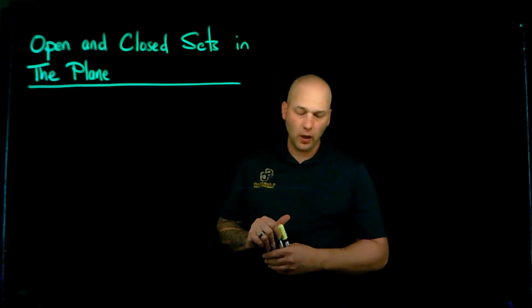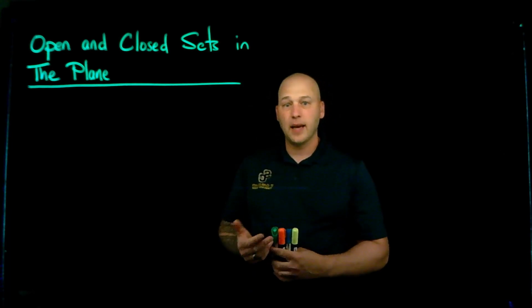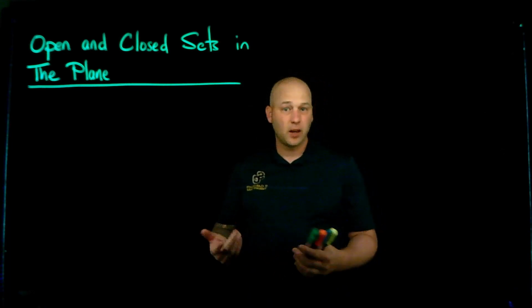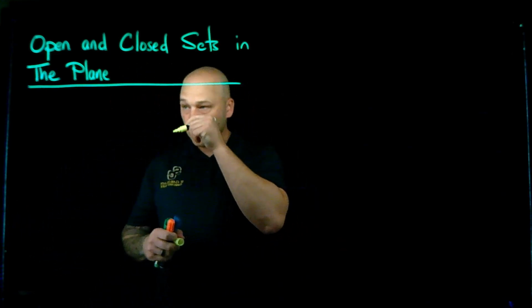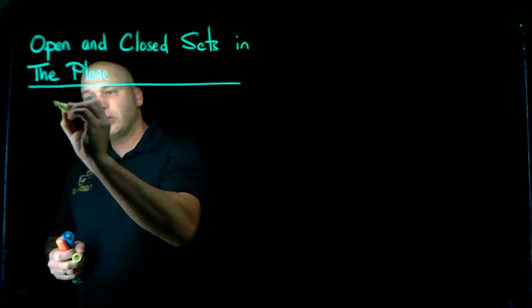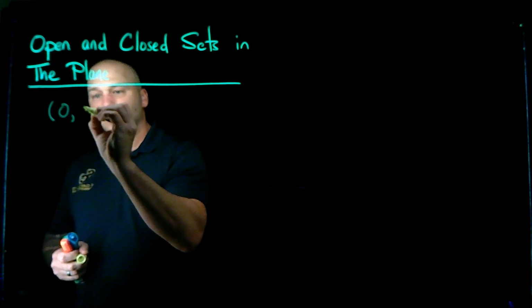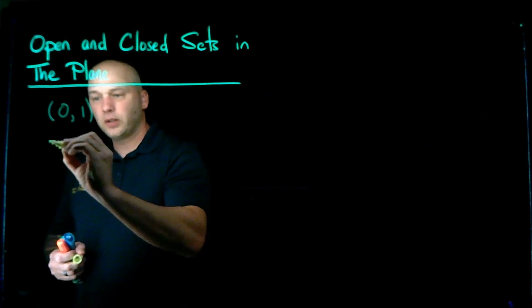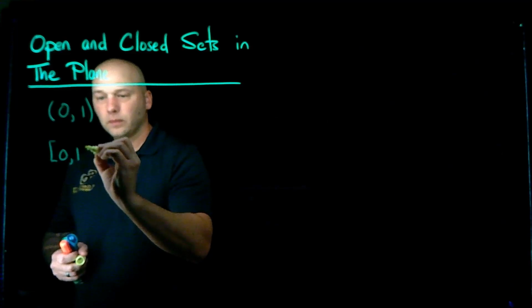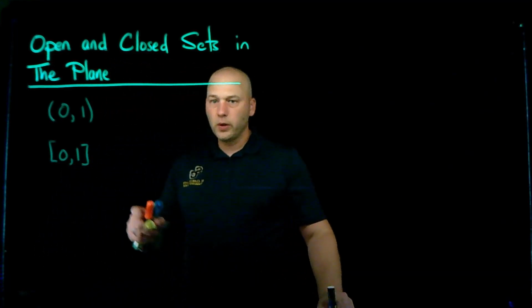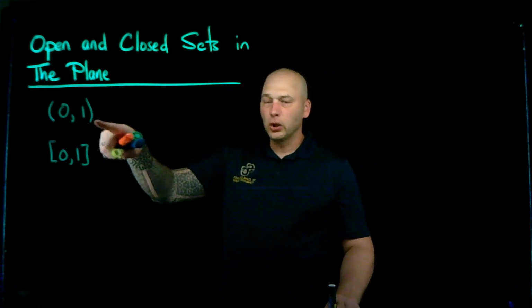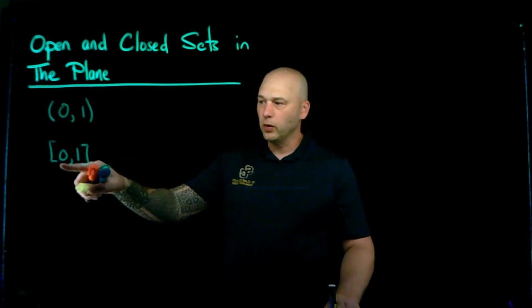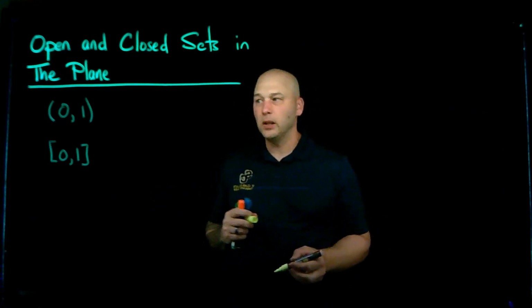You've heard of open and closed sets in the context of intervals, say in a pre-calc class, or Calc 1, Calc 2 even. So for example, if I use this notation right here versus this one, right? This one represents the interval from 0 to 1 where I exclude the endpoints, and this one would be the interval from 0 to 1 where I'm going to include the endpoints.